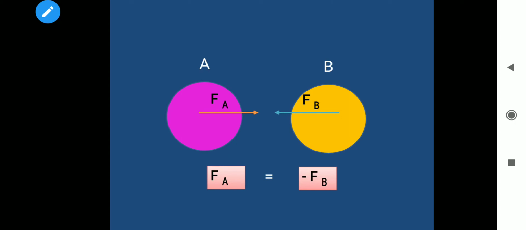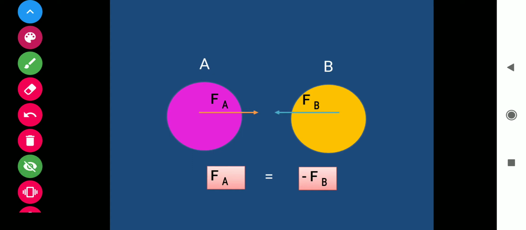Here Fa is equal to minus Fb because both the forces are the same. Okay. Here the minus sign is representing that Fa and Fb are in opposite direction.